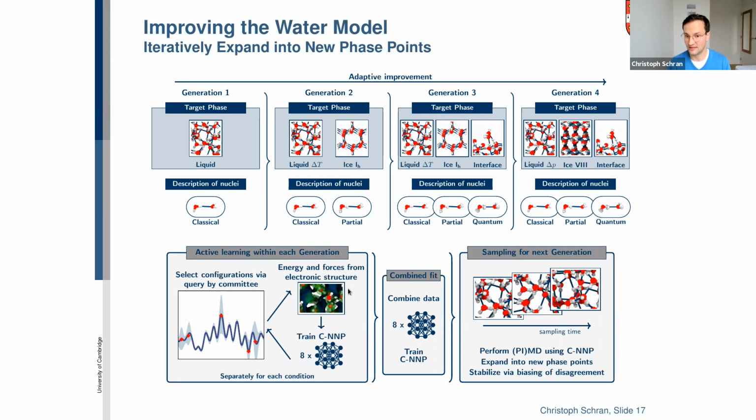The nice aspect of that is you're using the previous generation model for the structure generation, which saves you a lot of computational time, because you will only have to evaluate the expensive DFT reference for those few points that you select to be important for your training set.